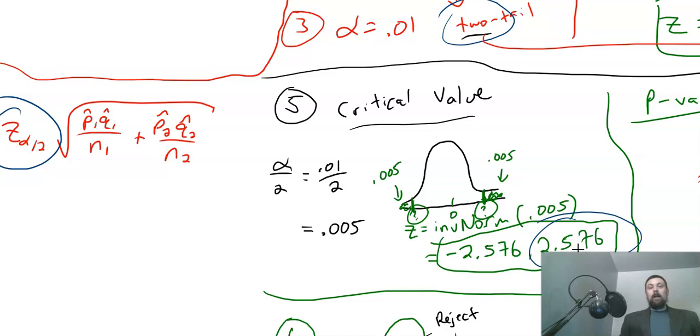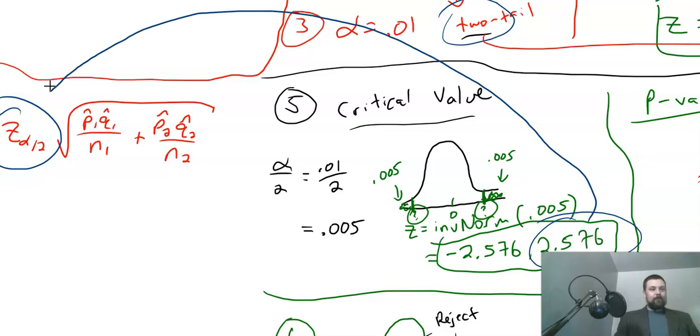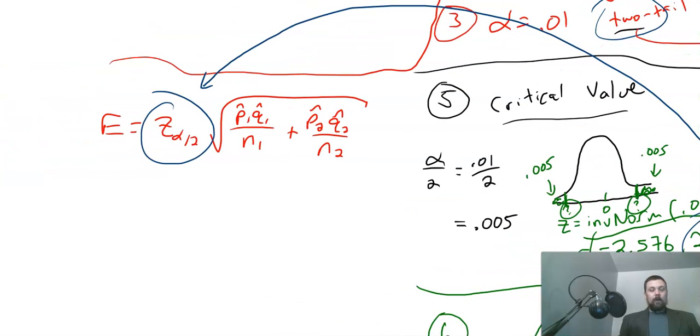So whatever critical value you found in the hypothesis testing in part A, you want to use that same critical value here in part B for the confidence interval. So that's going to be my critical value, 2.576 times the square root of all this stuff here.